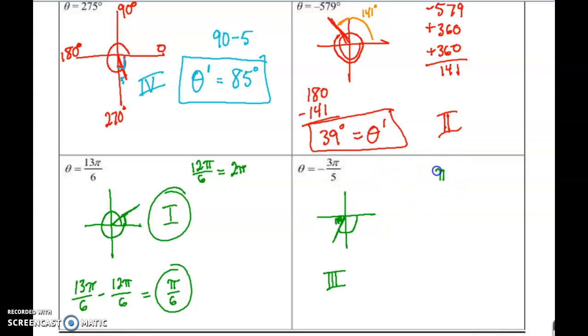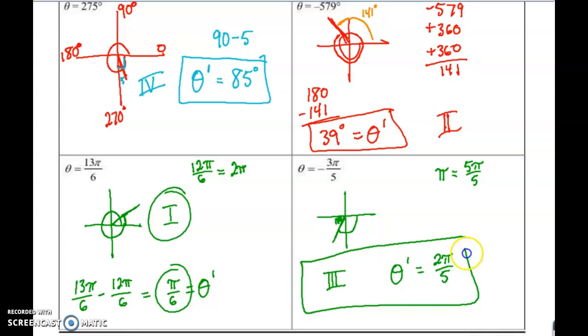The reason I'm talking about pi is because that's how I'm going to get to that axis. That would be 5 pi over 5. Well, what do I need to add to that? Then theta prime, that's how we're labeling the reference angle, would be 2 pi over 5.